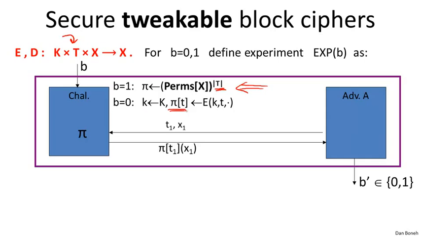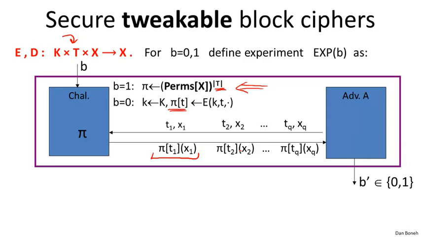Now the adversary gets to submit a tweak and an X, and he gets to see the value of the permutation defined by the tweak T1 evaluated at the point X1. And he gets to see this again and again. Again, he gets to see the value of the permutation defined by the tweak T2 evaluated at the point X2, and so on and so forth. Then his goal is to say whether he interacted with truly random permutations or pseudo-random permutations. If he can't do it, we say that this tweakable block cipher is secure.